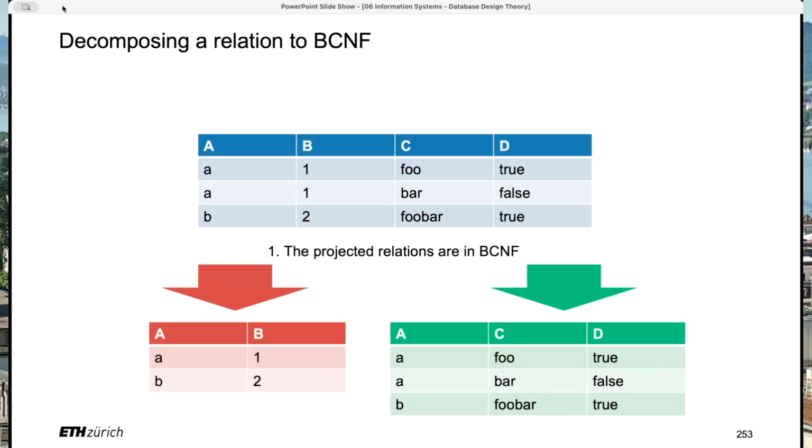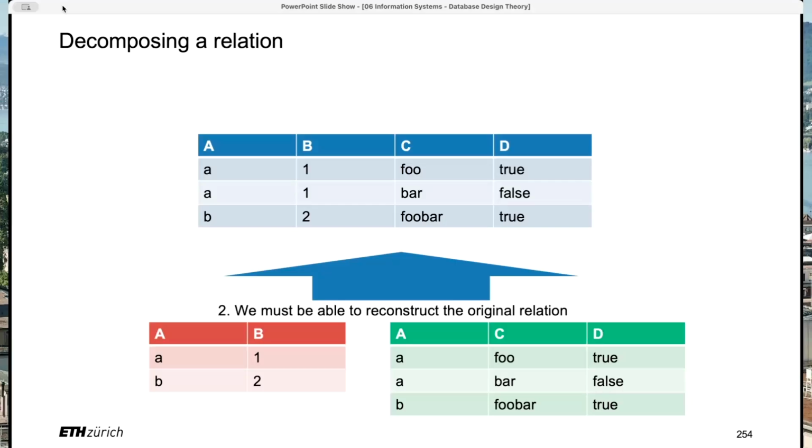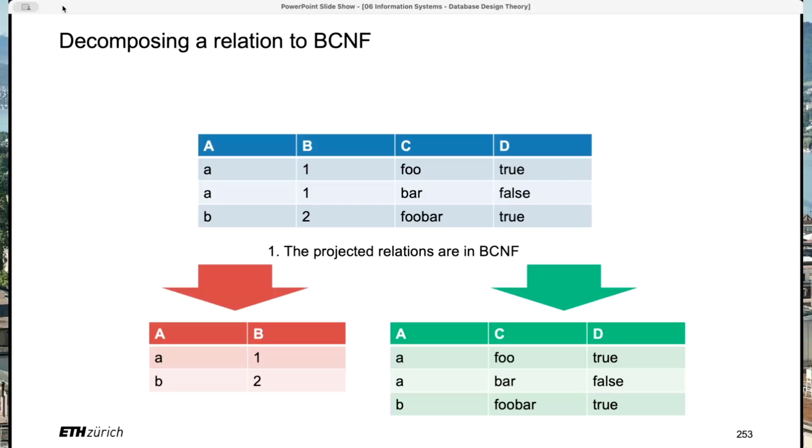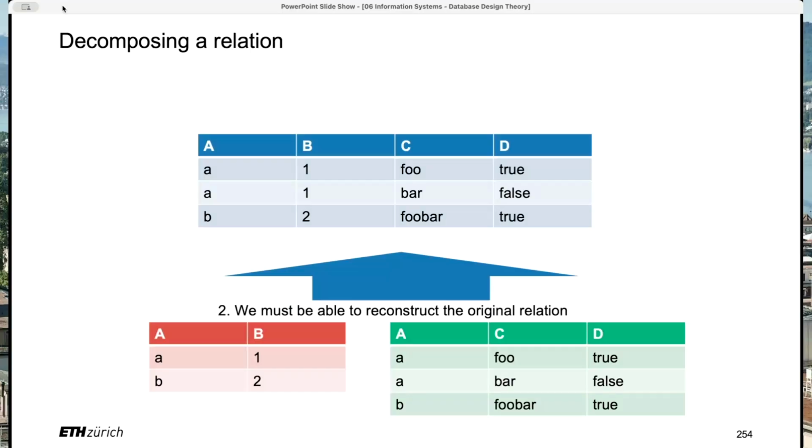So we want to project the table on different subsets of attributes such that we get tables in the Boyce-Codd normal form, right? But there is something important when we do that: when I do this decomposition, we should be able to go back the other way around. So we should be able, from the decomposed tables, to reconstruct the original table, right?